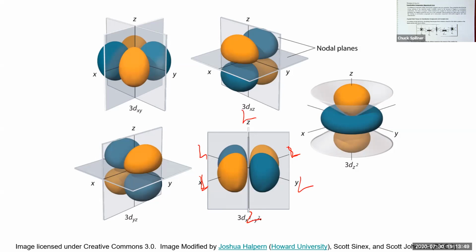That's what an octahedron looks like. And so you can imagine that the x squared minus y squared, and maybe the z squared, would be really impacted, because those d orbitals are lined up along the x, y, and z axes. And indeed, that's what we're going to see later on.